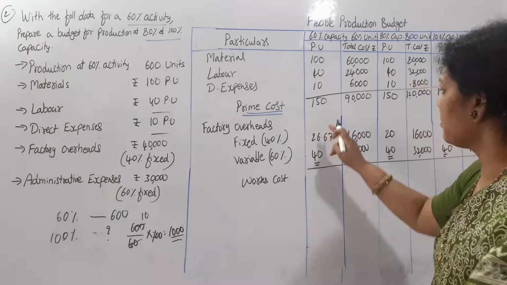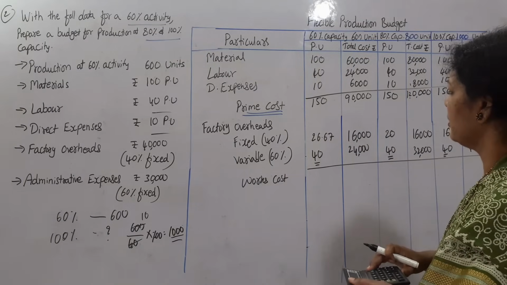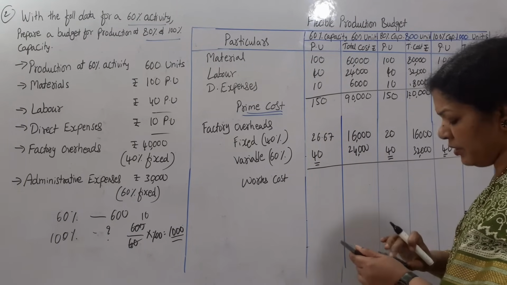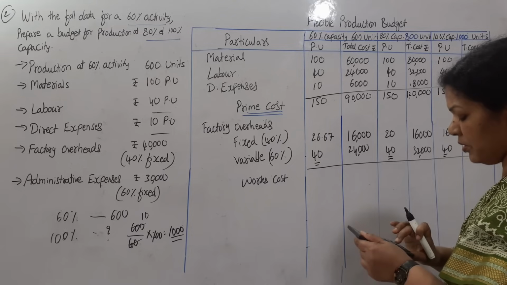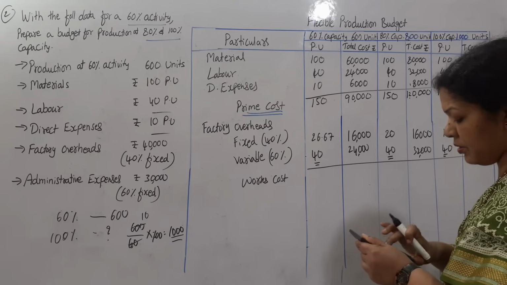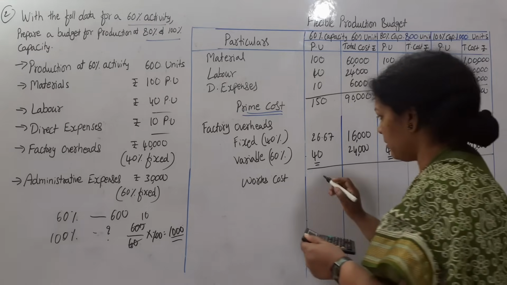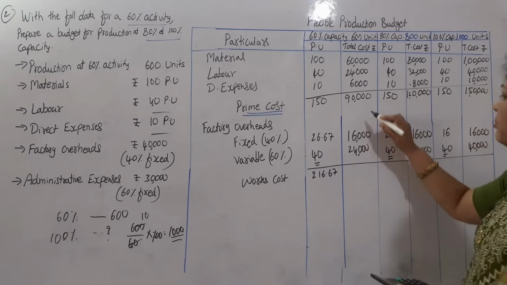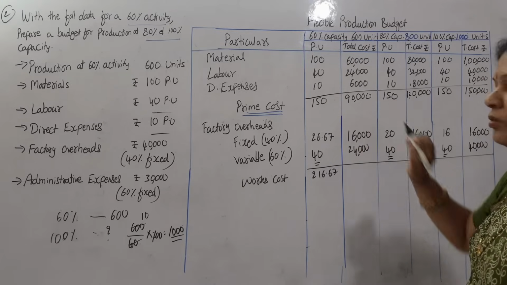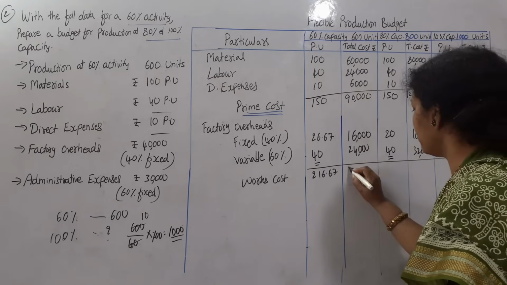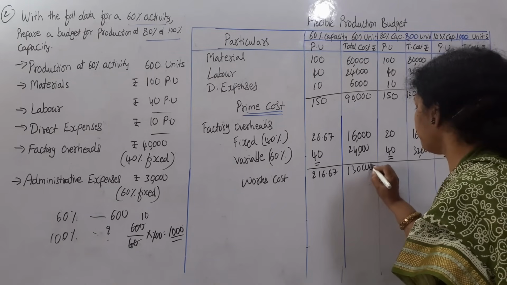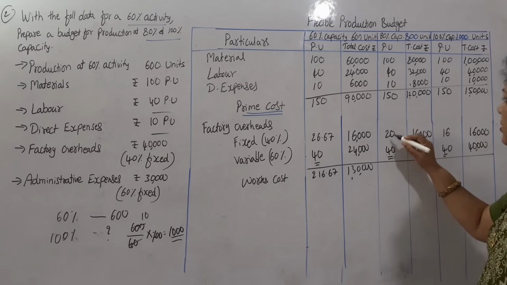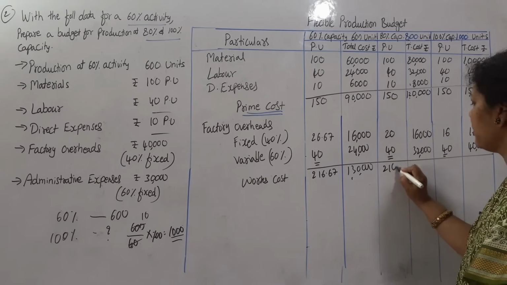If you want you can use calculator also. 150 plus 40, 190. 190 plus 26.67, it is 216.67. In the same way here, this is 40,000. If we add 40,000, it is 1,30,000. 60 means 210.